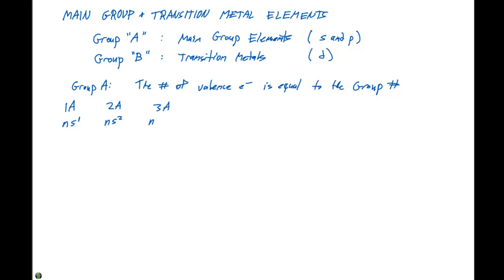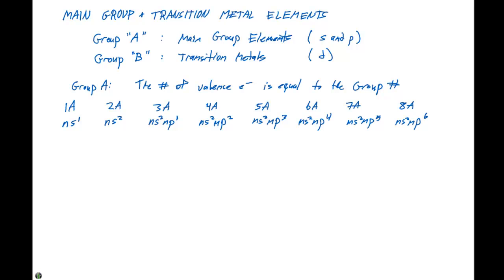Group 3A has 3 valence electrons, which would be ns2 and p1. Group 4A is ns2 and p2. Group 5A, ns2 and p3. Group 6A, ns2 and p4. Group 7A, ns2 and p5. And group 8A is ns2 and p6.